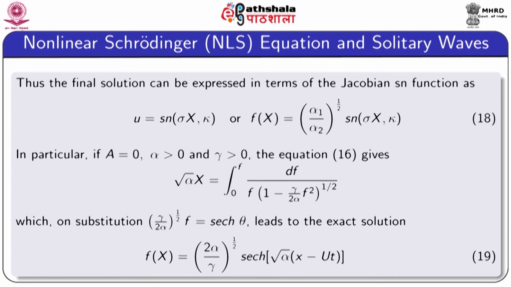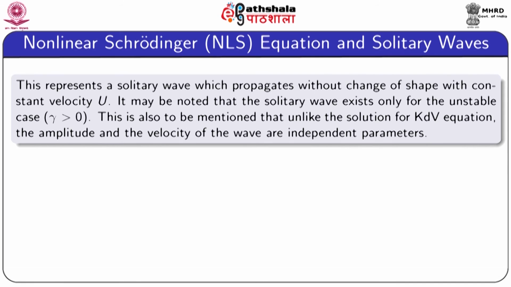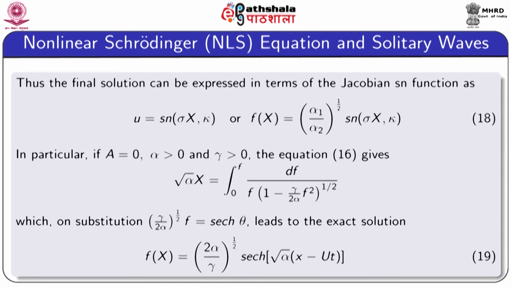So, if you observe the solution, it represents a wave that moves with constant velocity U. It is to be noted that the solitary waves exist only for the unstable case, that means when gamma is greater than 0. One interesting feature is that the amplitude and the velocity of the wave are independent.